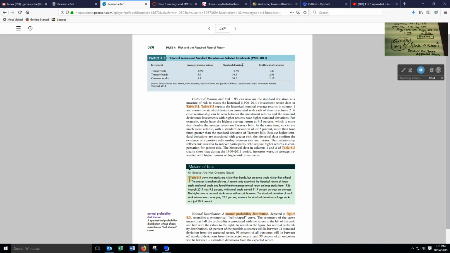The standard deviation of those returns are as follows: 4.7% for the treasury bills, 10.3% for the treasury bonds, and 20.2% for the common stock.